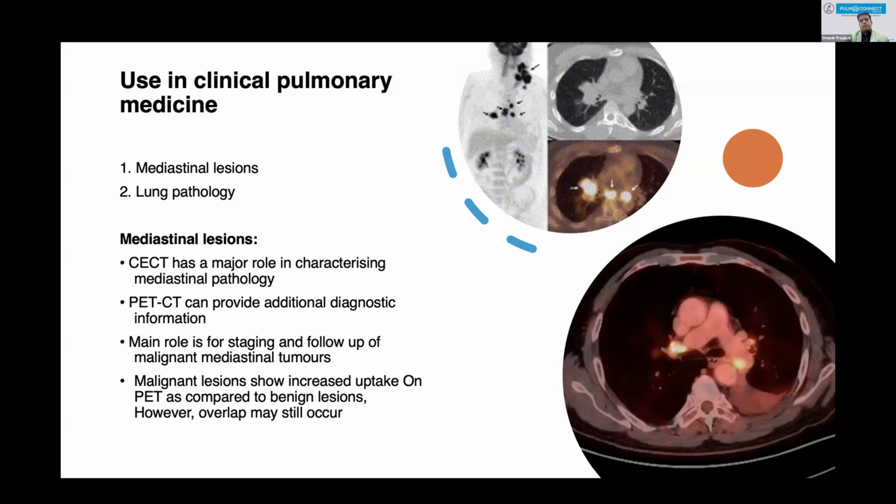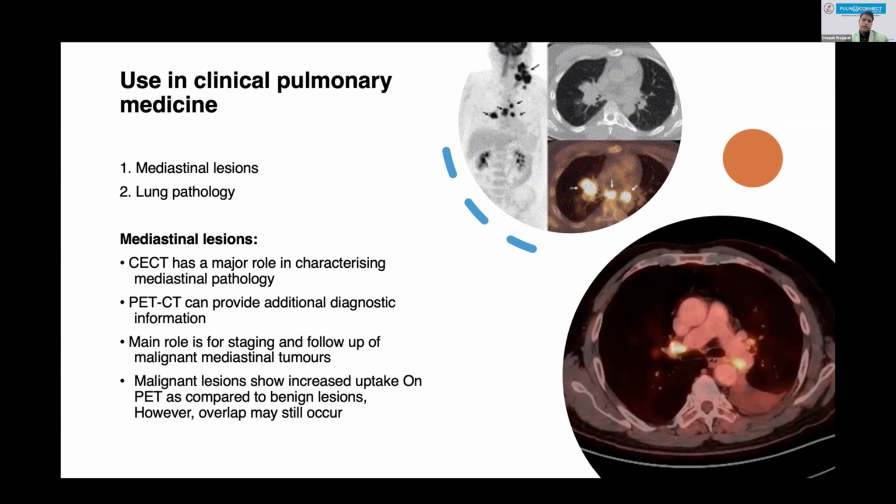So what are the uses in clinical pulmonary medicine? It basically helps us in identifying mediastinal lesions as well as lung pathology. In mediastinal lesions, the PET-CT can provide additional diagnostic information apart from the CECT. And the main role is for the staging and follow-up of malignant mediastinal tumors.